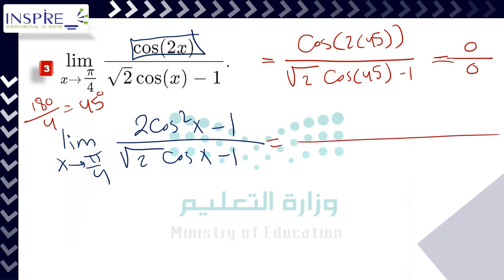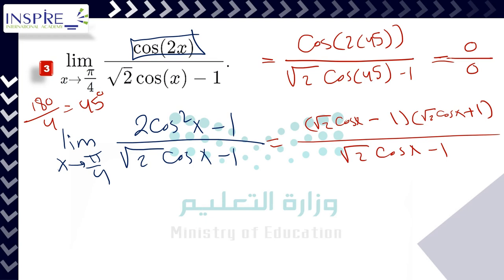In the next step, we will factorize the numerator as a difference between two squares. 2 will be root 2 times root 2. Cosine squared will be cosine x times cosine x. Negative will be negative times positive, and 1 will be 1 times 1, over root 2 cosine x minus 1.